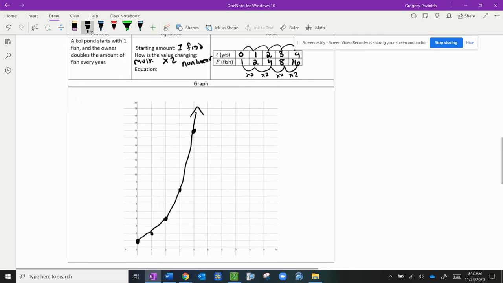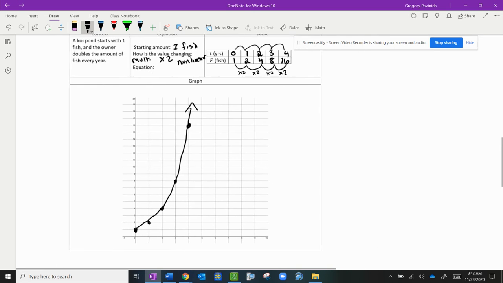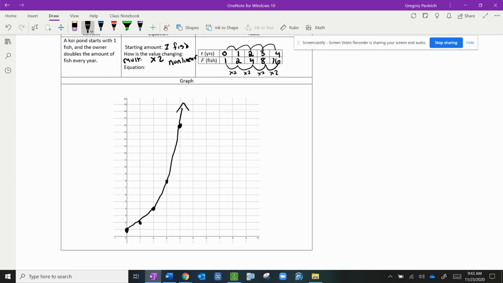Okay. So how would I write this? Well, this equation looks like this. Y is equal to A times B to the X, where A is our starting amount, which is like our B in y equals mx plus b. B is our multiplier.